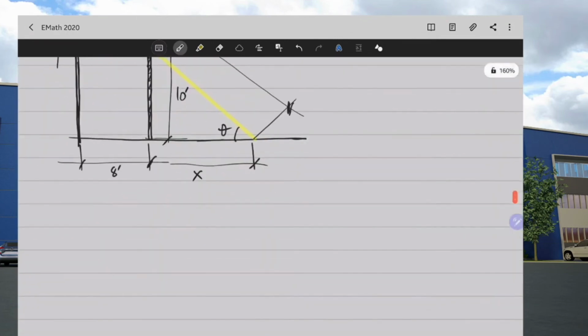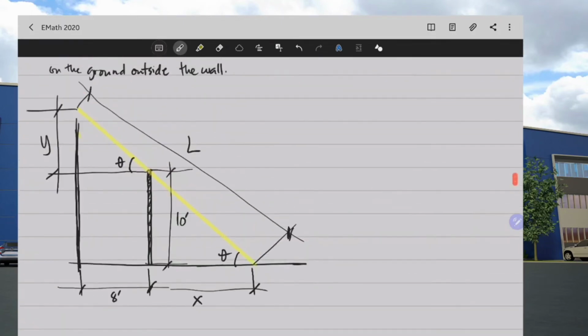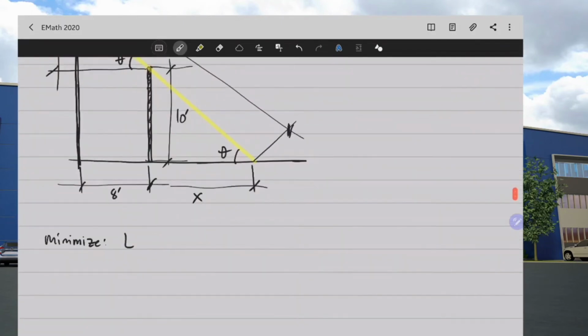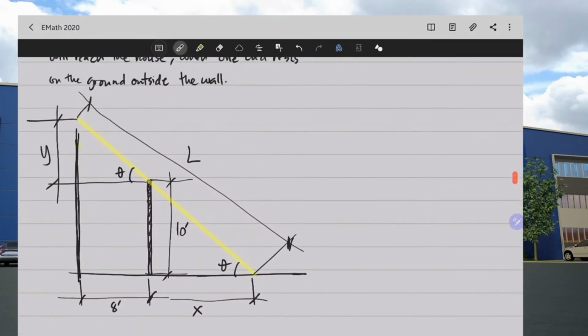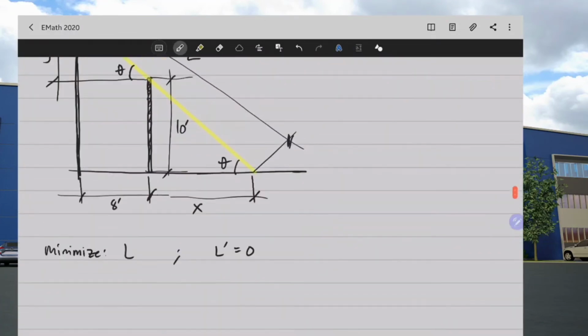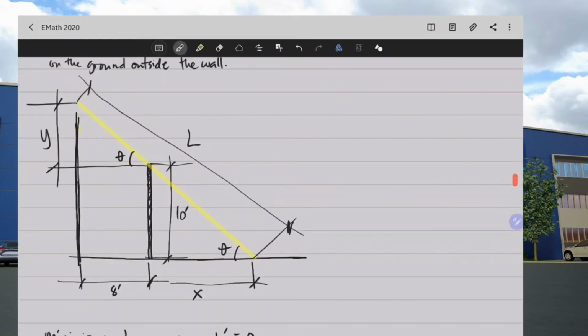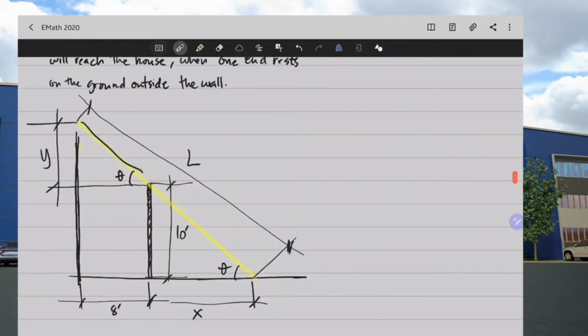Now, what we need to minimize is the length of the ladder L. Okay? So that means we need to get L prime and equate it to 0 because this is a minimization problem. So how do we write the equation for L? So L is equal to this length plus this length. Diba?